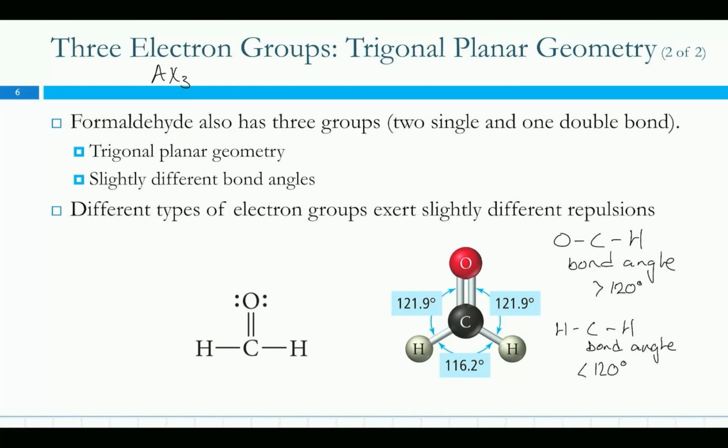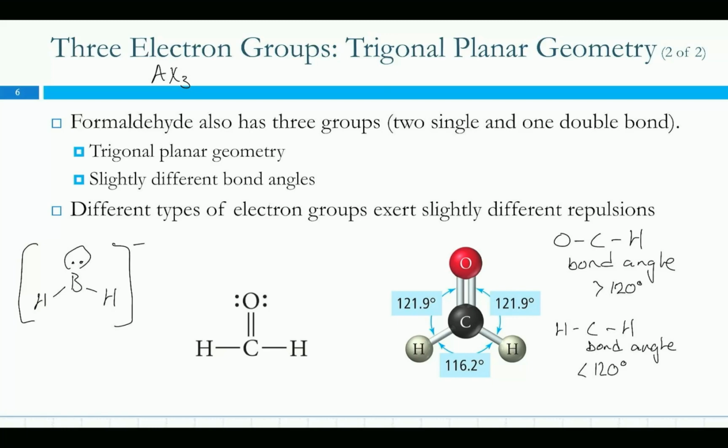Now what happens if I take one of these and I replace it with a lone pair? It's probably on a later slide. So if I replace one of them with a lone pair, I can actually think of an example. Sure, BH2 minus, which probably doesn't exist. So now I've got 2 bonding groups, the hydrogens, and 1 lone pair.